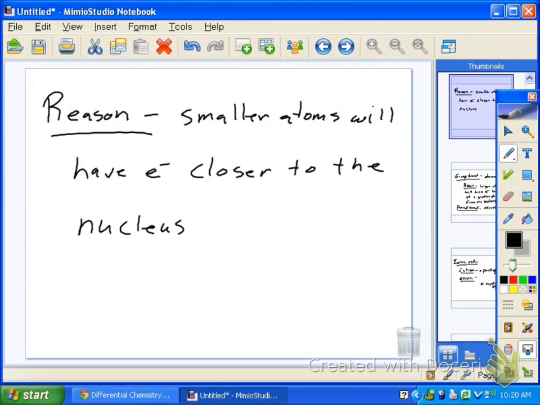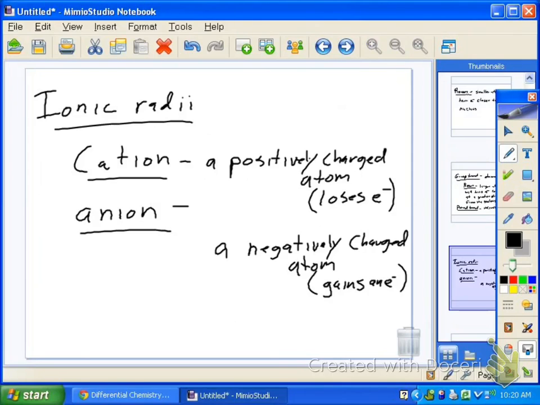And we'll go ahead and let you look at the notes that you just explained to me. First of all, we're not going to define ionic radii, but a cation is a positively charged atom. And an anion definition is a negatively charged atom.